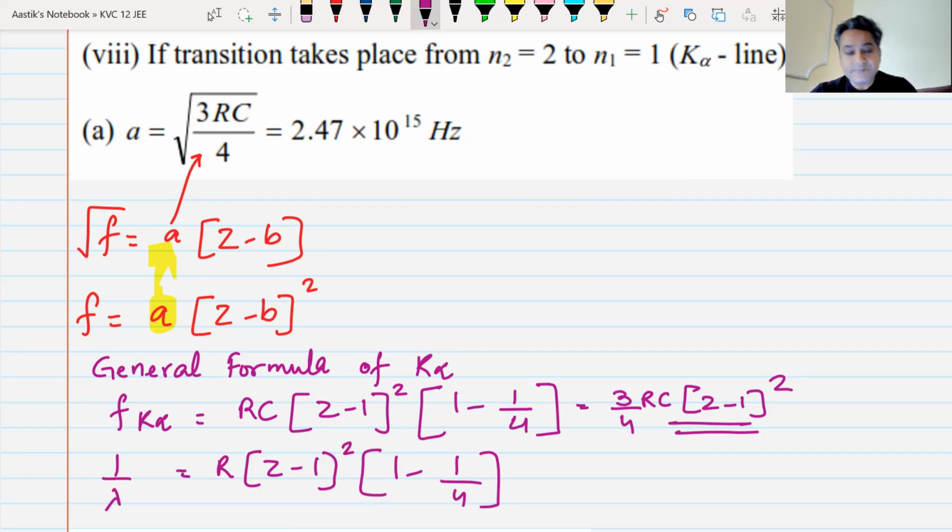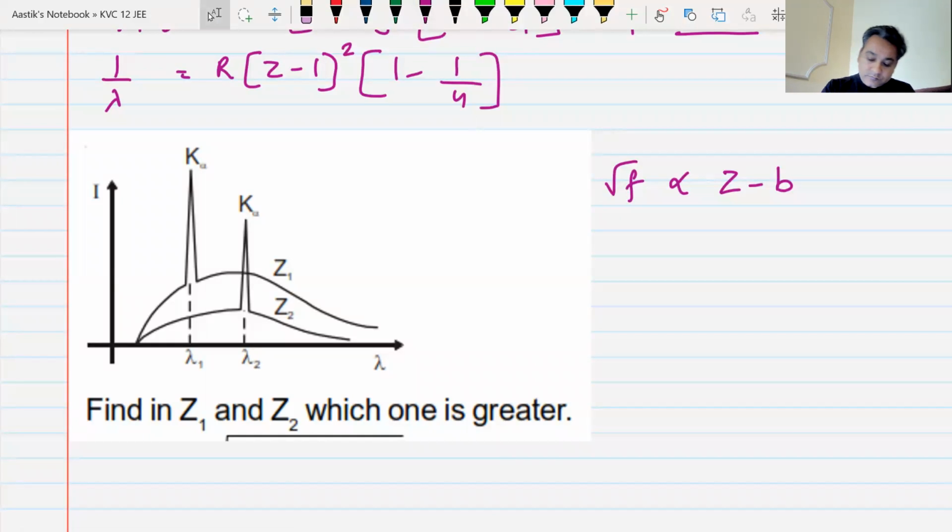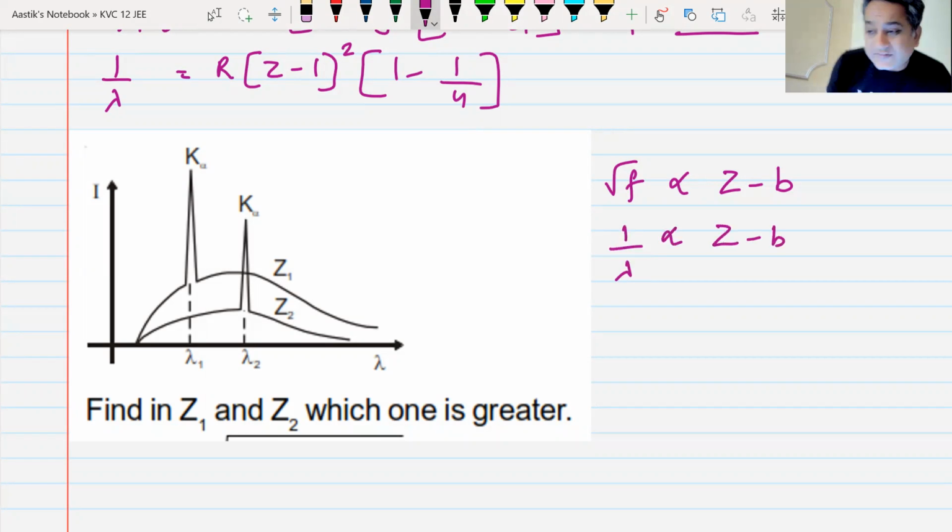Now give me the answer. 1 by lambda is proportional to Z minus b, or Z minus 1. This is K alpha, so it is Z minus 1. So the metal with more atomic mass will have less lambda. Yes or no?